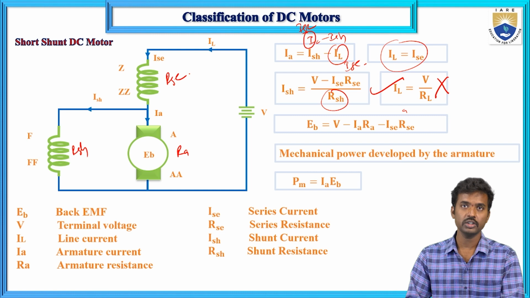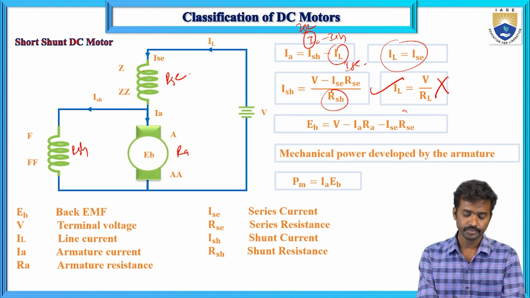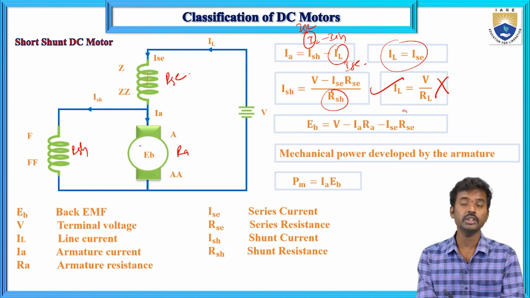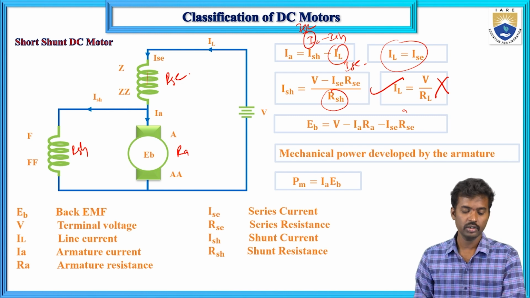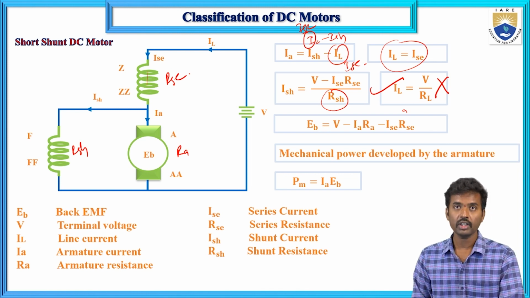The long shunt and short shunt motors can be used as cumulative and differential types. If the fluxes of the two field windings add to each other, that is the cumulative type. If they cancel each other, that means the differential type. Now, what are the applications?